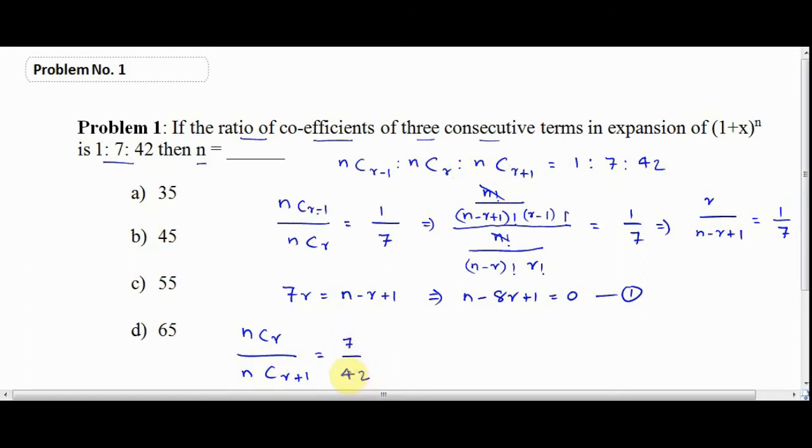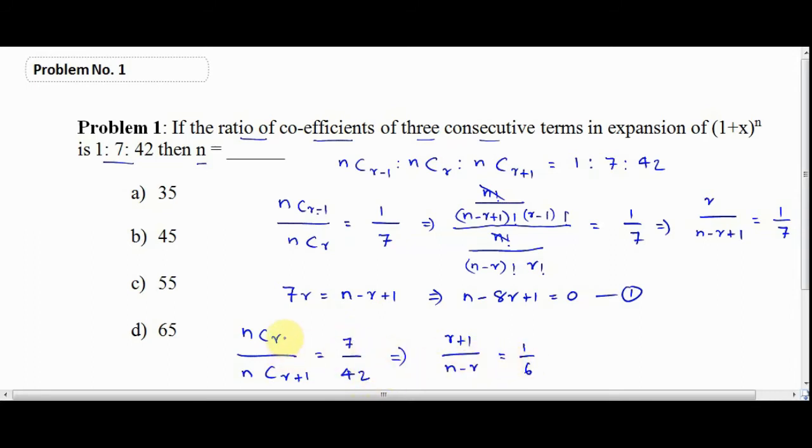As we have discussed, expand nCr and nC(r+1), then try to find out a relation connecting n and r. When you do that, what we get will be (r + 1) divided by (n - r) equal to 1/6. 7/42 may be written as 1/6, cancelling 7 in both numerator and denominator.